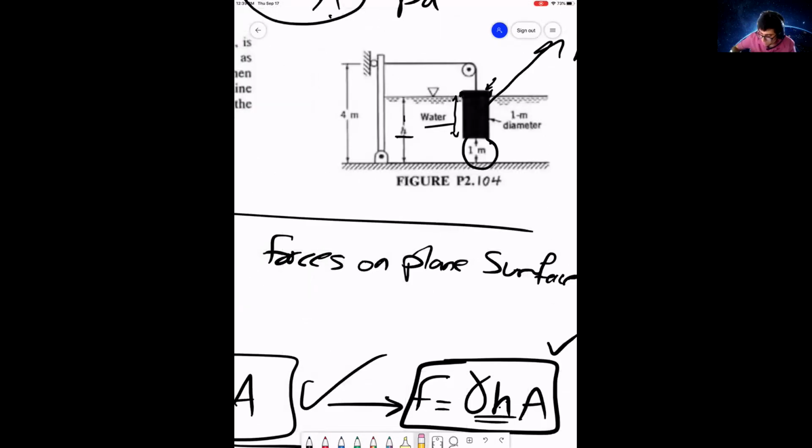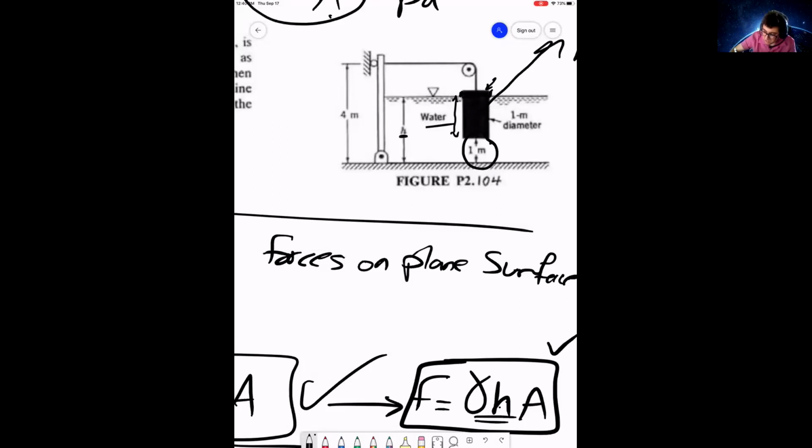You see this one right here, H. That's the height of the water. Now you want to find HCG, the centroid of this height. Oh, okay, so H over 2. Yes, exactly. That's the most confusing part about this problem. It's not the entire gate, it's just the water, the height of the water over 2.